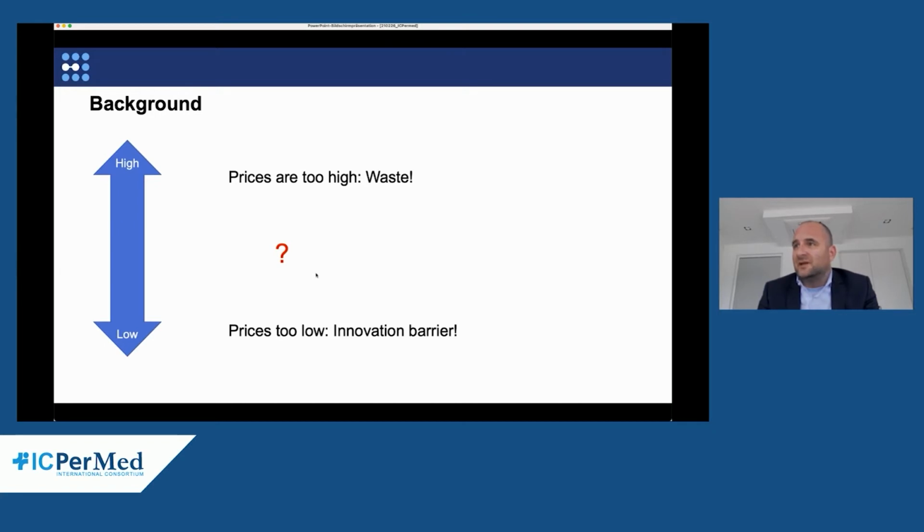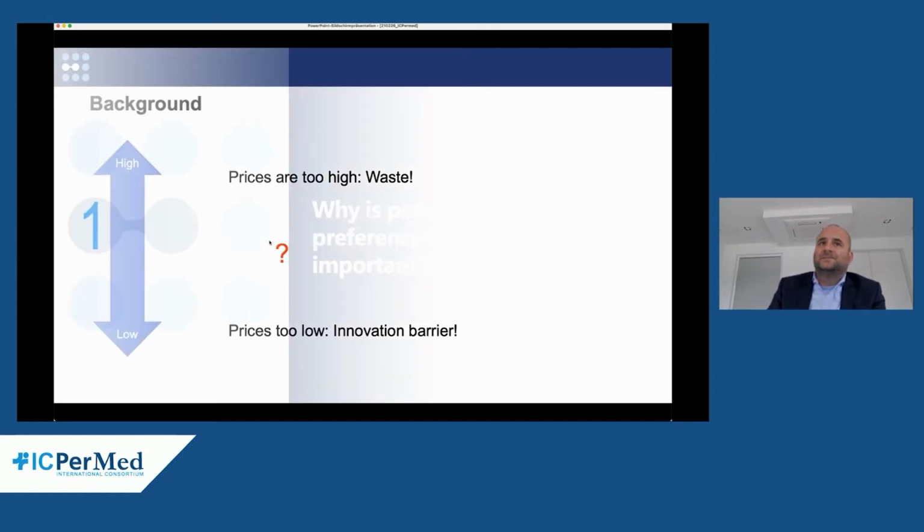We were very close to discussing this over the last 20, 30 years. The question is how we're going to put up these value assessment frameworks, because what we are looking at is the question, what is the right price? If we don't hit that right price, it's either waste or a barrier to innovation.